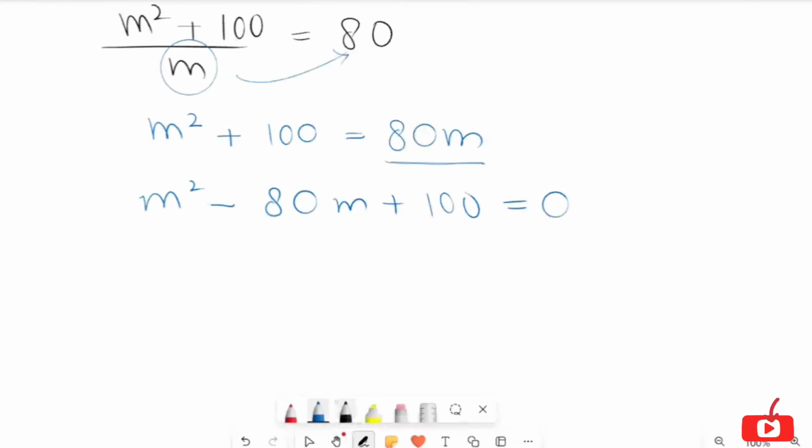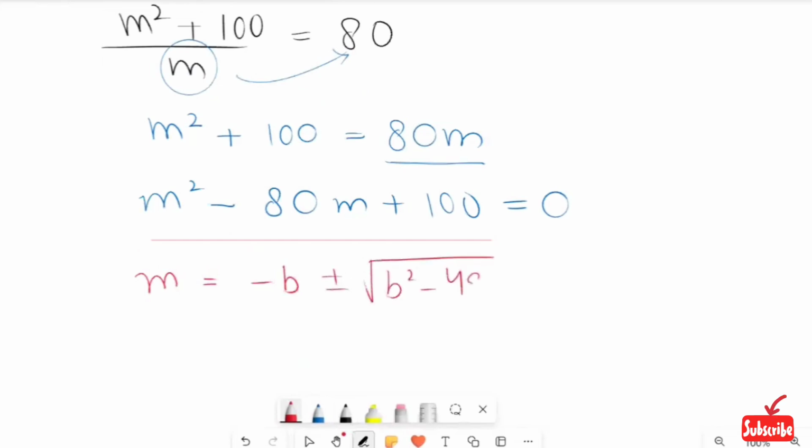Now the equation we get is in the quadratic form. So I am going to use the quadratic formula, that is m is equal to minus b plus or minus root of b square minus 4ac, over 2a. Here this is our a value, this is our b, and this is our c value.